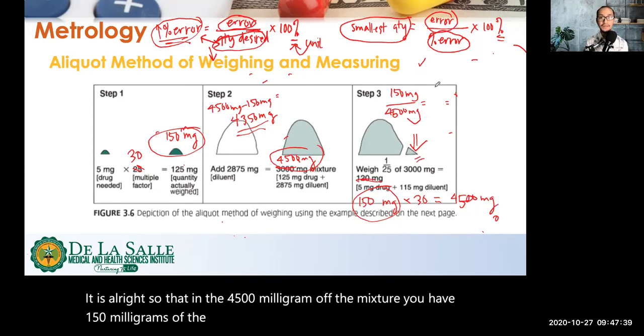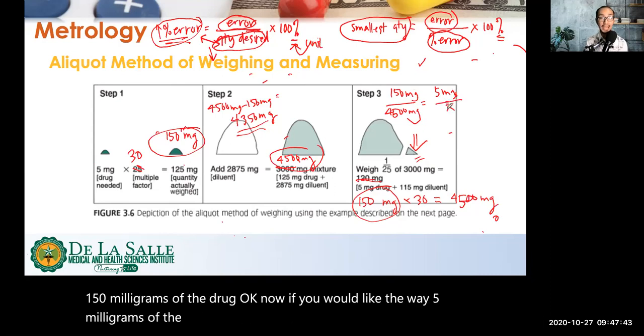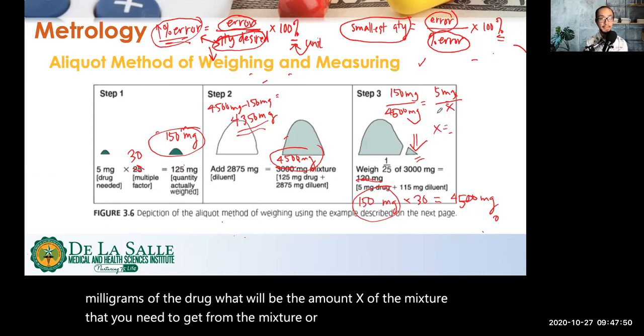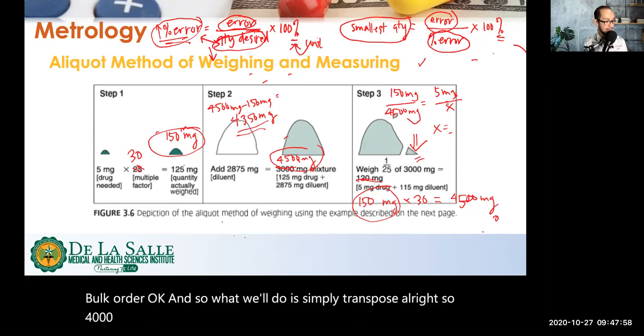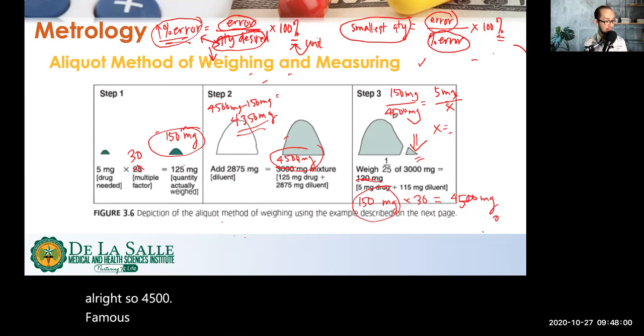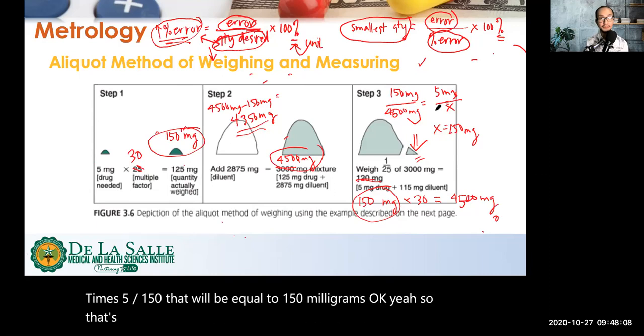If you would like to weigh 5 milligrams of the drug, what will be the amount X of the mixture that you need to get from the bulk powder? We simply transpose: 4,500 times 5 divided by 150 will be equal to 150 milligrams. So that's how the aliquot method of weighing and measuring works.